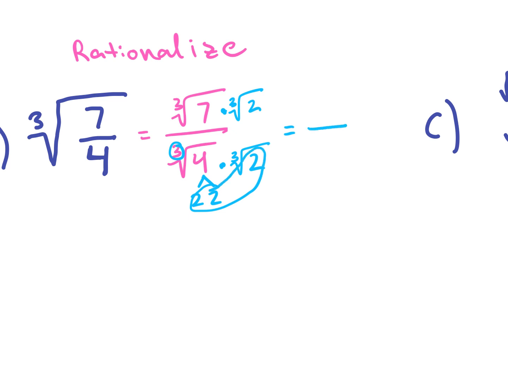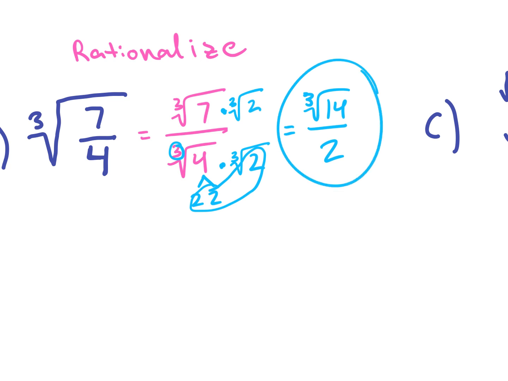So what's our denominator going to be? 2. Thank you. And then on the top, what is the cubed root of 7 times the cubed root of 2? The cubed root of 14. Perfect. And you can't divide 2 into the 14. You cannot divide a whole number into the radical. Only if they have the same radical you can divide them.